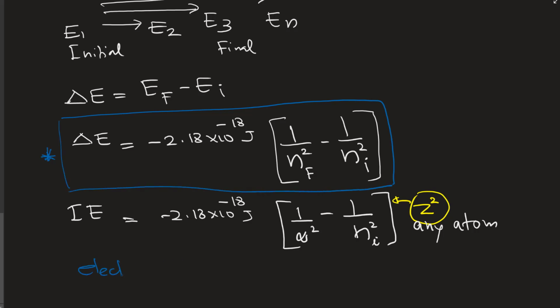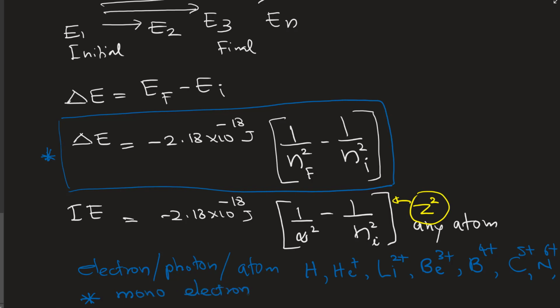Okay, but the most useful one is the Bohr one, and this is for an electron proton atom, one particle, and also it could be for helium plus, lithium plus 2, beryllium plus 3, boron plus 4, and so on. So make sure it's a monoelectronic system and hydrogen-like system in order to use this one particle formula to calculate the delta E, right?